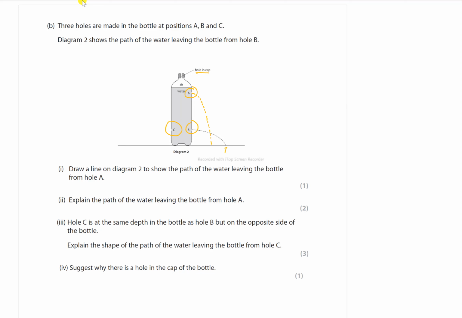So it's not going to go as far as this. Right, explain the path of the water leaving from the hole A. 2 marks.